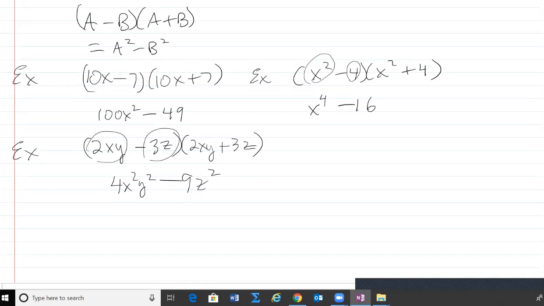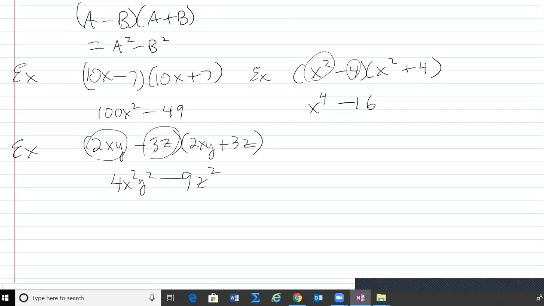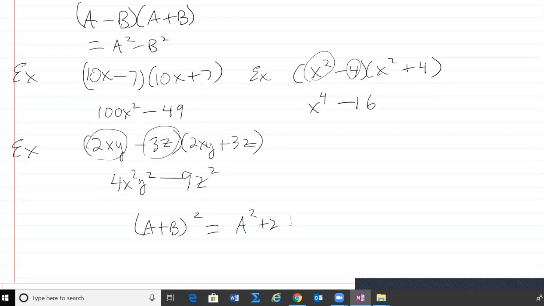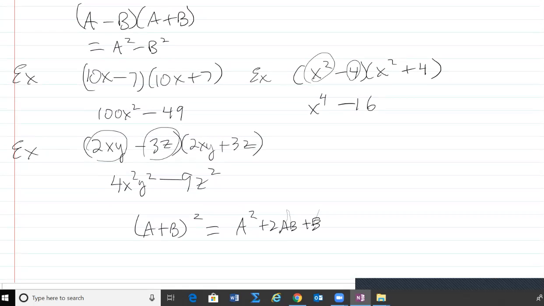Okay, so those are the two shortcuts that we want to capitalize on. We've got the a plus b squared, which is a squared plus 2ab plus b squared. Whoops.